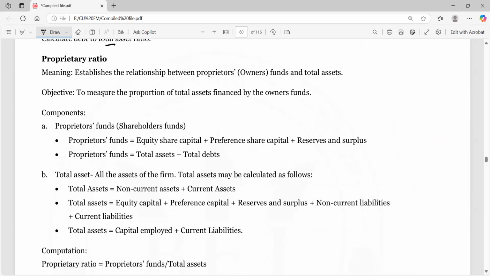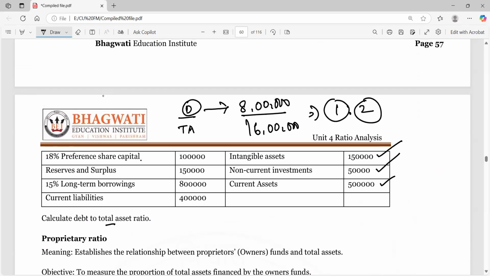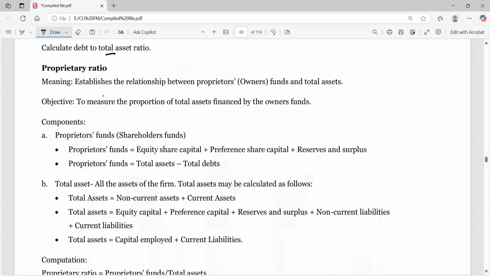And proprietary ratio, listen. Proprietary ratio is similar to debt to asset ratio, but the only difference is that in debt to total asset, what did we take in the numerator? Debt, right? So in proprietary ratio, we are going to exclude debt and take all the other sources of finance. Other than debt, what are all the sources of finance we have? Equity and preference, right?